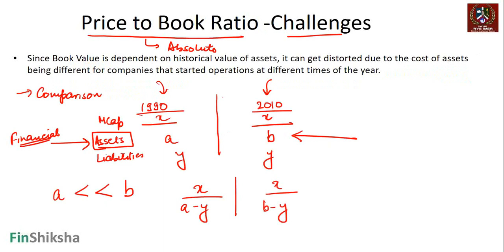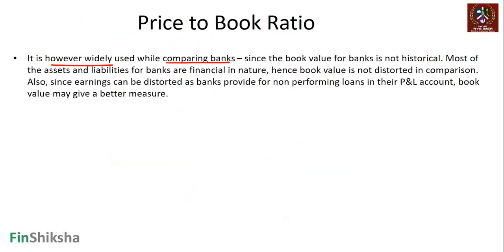Bank's assets are primarily the loans it gives out to someone, and hence the bank assets are financial in nature, and hence the book value is not distorted because your assets minus liabilities is a financial number that you get. It is marked to market. It is at the current value. It's not carried at historical value. So that's the first reason why price to book is not a problem while using it in banks.